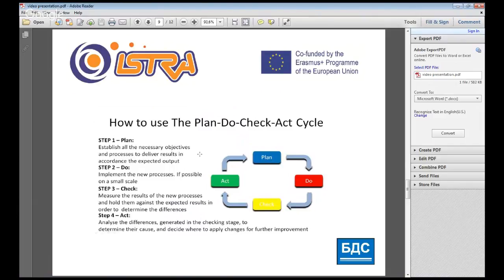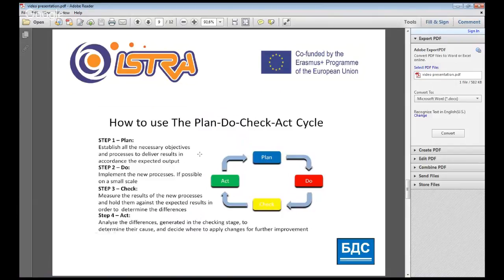The PDCA cycle is used as the underlying approach in ISO 31000. It is applied to the risk management framework as a whole and to each of its individual elements to continually improve the risk management performance.